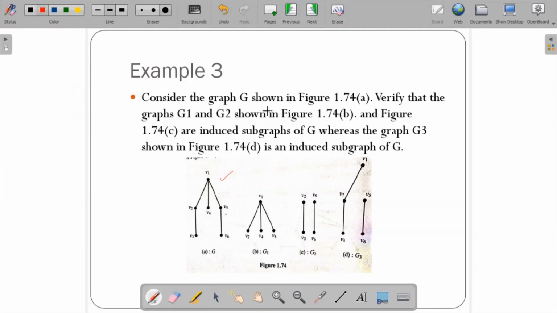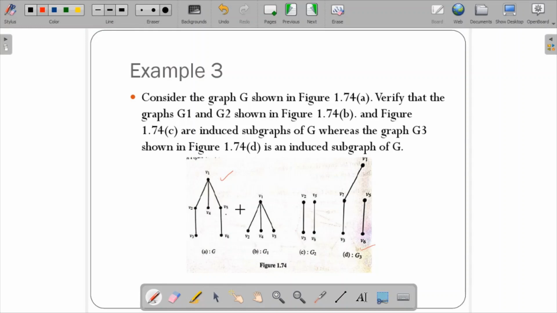Example 3: consider the graph shown in figure 1.7.4a. Verify that graphs G1 and G2 are induced subgraphs of G, whereas the graph G3 is not an induced subgraph of G. First let us see whether these two graphs are induced subgraphs of this, and this graph is not.